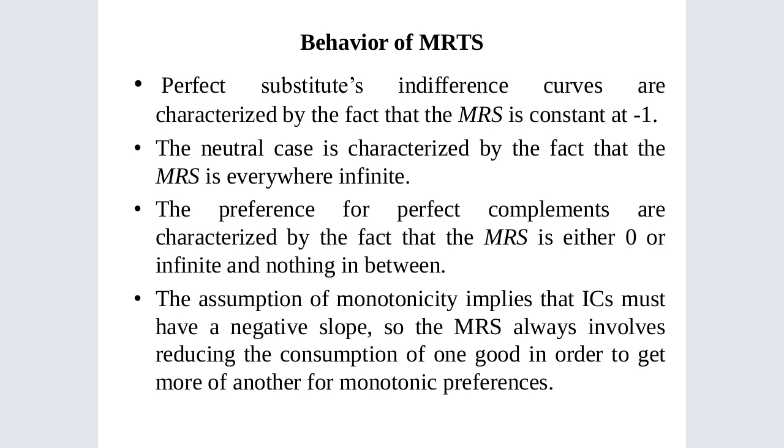So for monotonic preferences, we are talking about imperfect substitutes. If you look at the indifference curve for imperfect substitutes, they are downward sloping and it is a curve, which means the marginal rate of substitution declines downwards from left to the right.